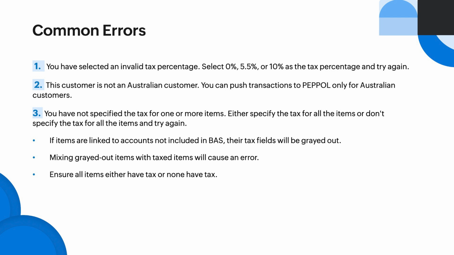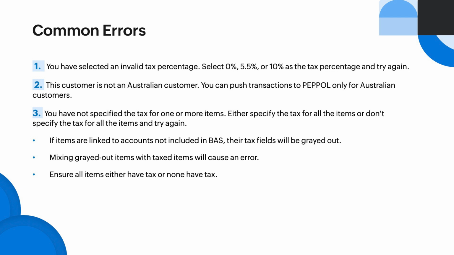This customer is not an Australian customer. You can push transactions to PayPal only for Australian customers. This would occur if the country or region given in the customer's address is not Australia. So, verify if you have chosen Australia as your customer's country in case this error is seen.